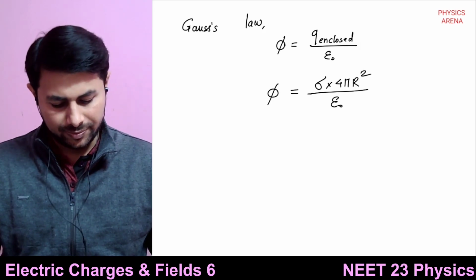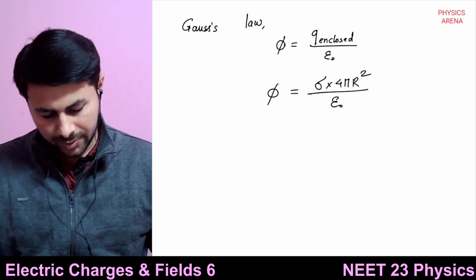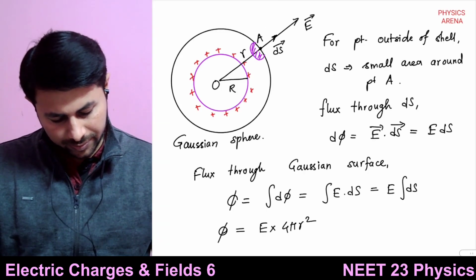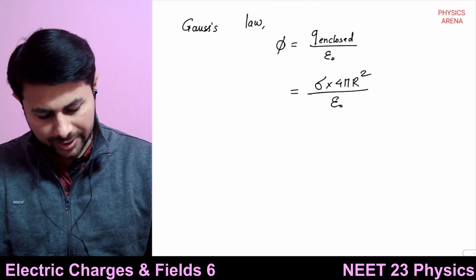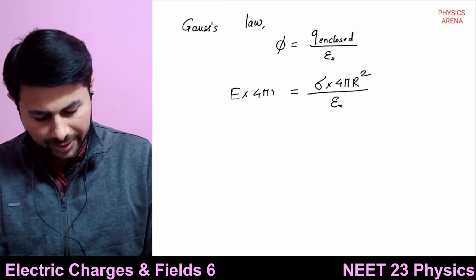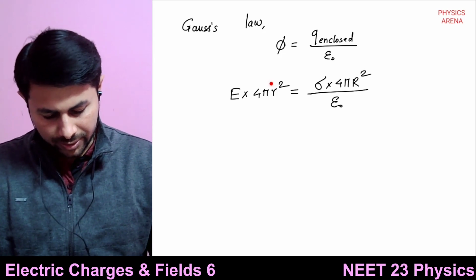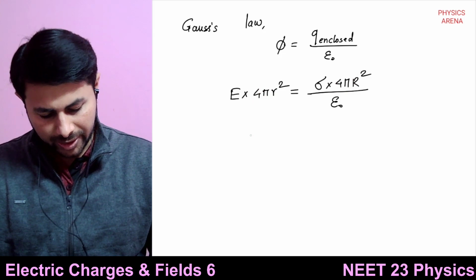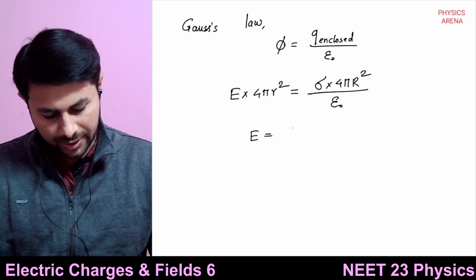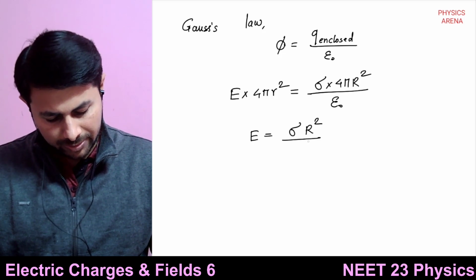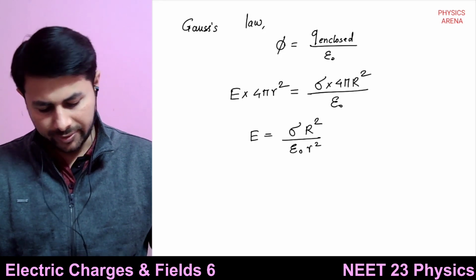This is the charge. Then phi is equal to E multiplied by 4 pi r square. The 4 pi and 4 pi get cancelled out, so we get the formula for the electric field. It is equal to sigma R square upon epsilon naught small r square.